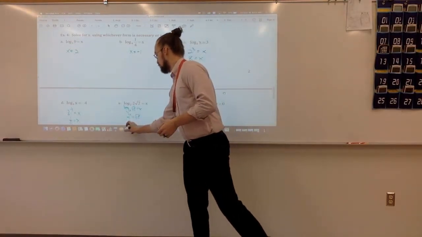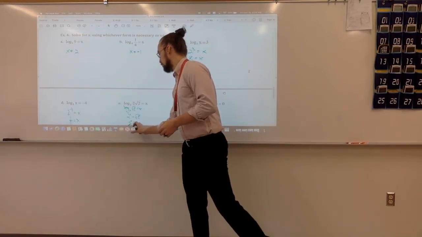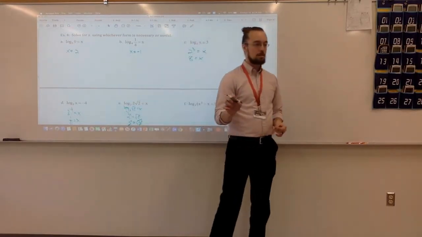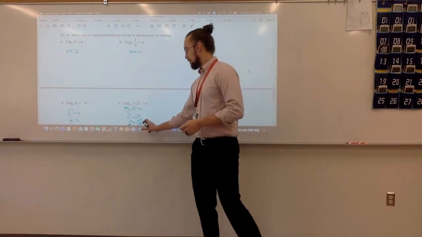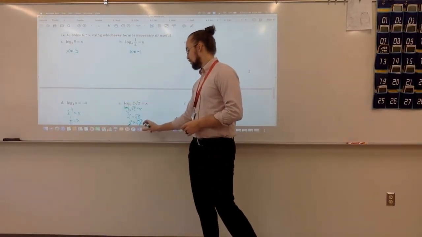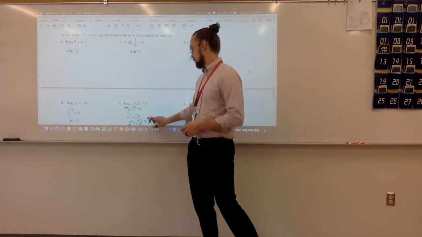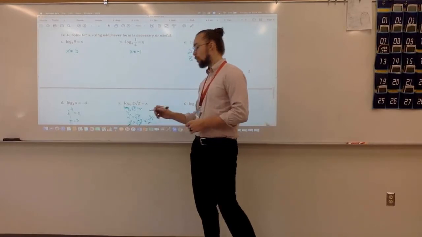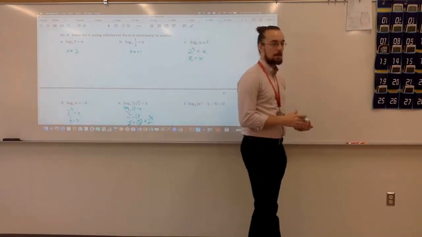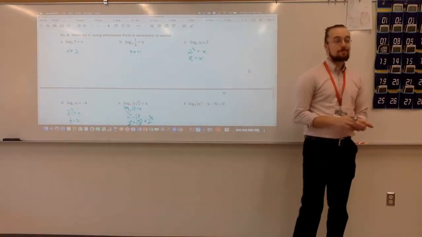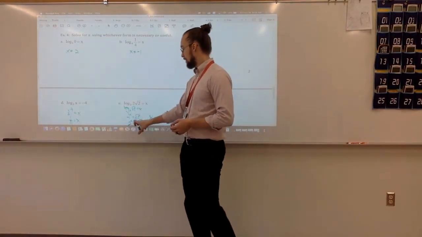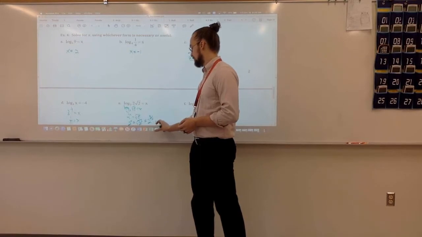So we're saying 2 to what power equals the square root of 2 to the 3rd? Well, the square root of 2 to the 3rd is the same as 2 to the 3 over 2 power. So we end up with x equals 3/2.